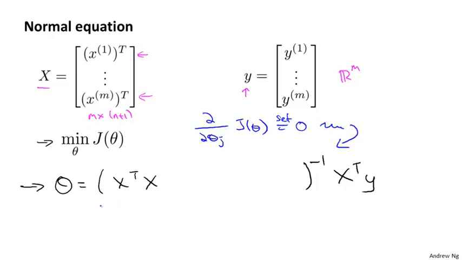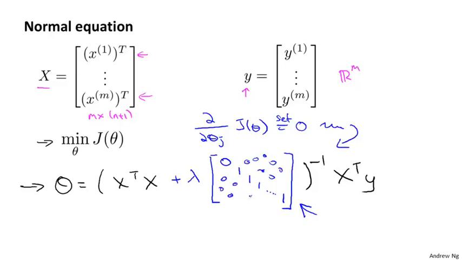Concretely, if you are using regularization, then this formula changes as follows. Inside this parenthesis, you end up with a matrix like this: 0, 1, 1, 1, and so on, 1 until the bottom. This matrix's upper leftmost entry is 0, with 1's on the diagonal, and 0's everywhere else, because I'm drawing this a little sloppily.